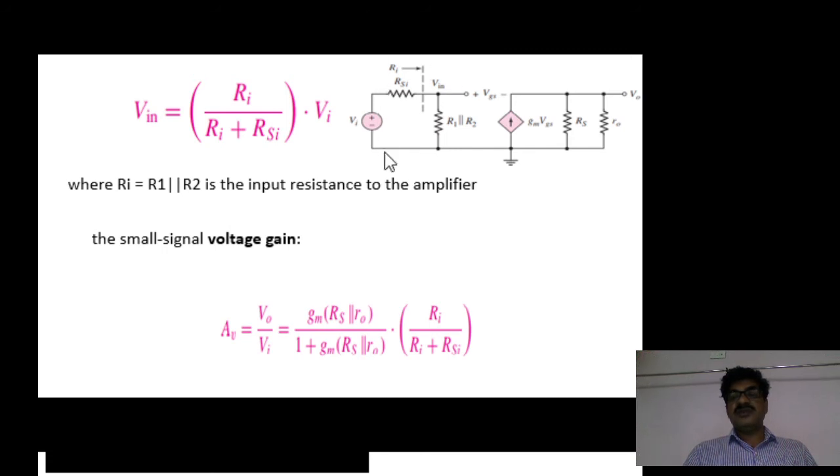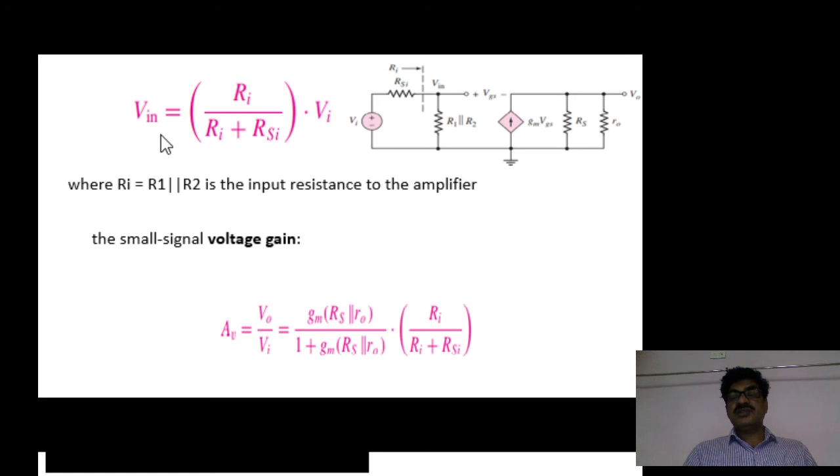From the input side, in this voltage divider circuit, Vin is the applied voltage Vi times Ri divided by Ri plus RSI, where Ri is the parallel combination of R1 and R2.